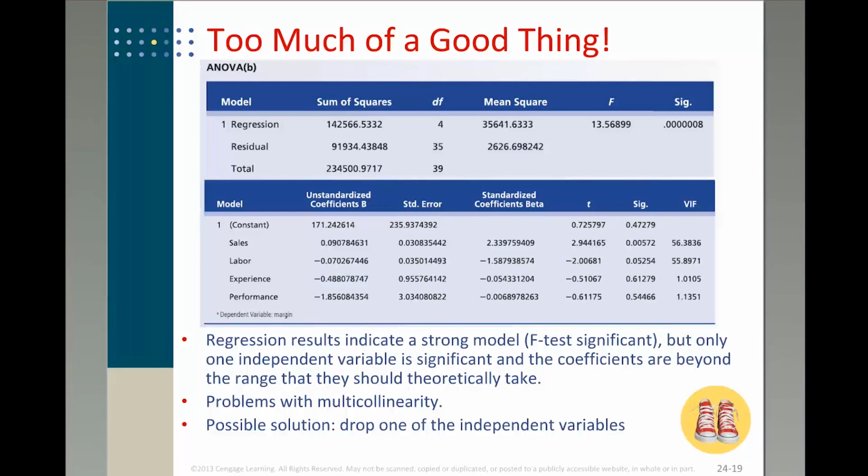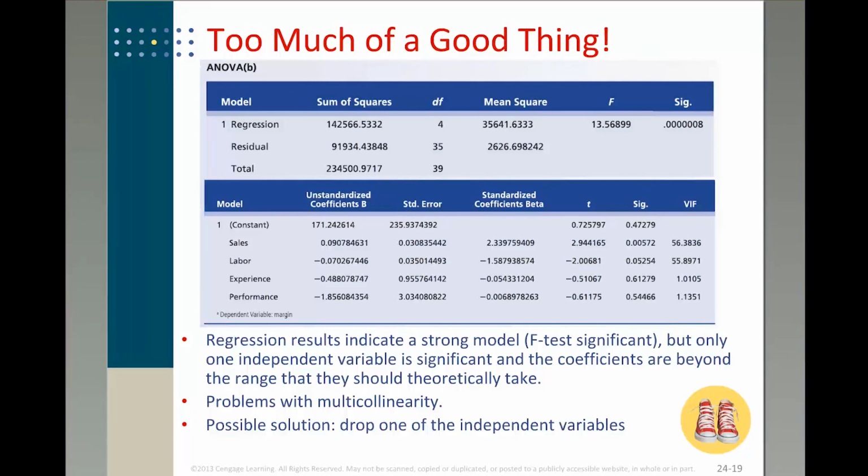So multicollinearity arises when the X variables, the independent variables, are highly correlated with each other. And this can be determined by looking at something called VIF, the variance inflation factor. The VIF usually tells us whether we have multicollinearity, and a large VIF indicates multicollinearity.